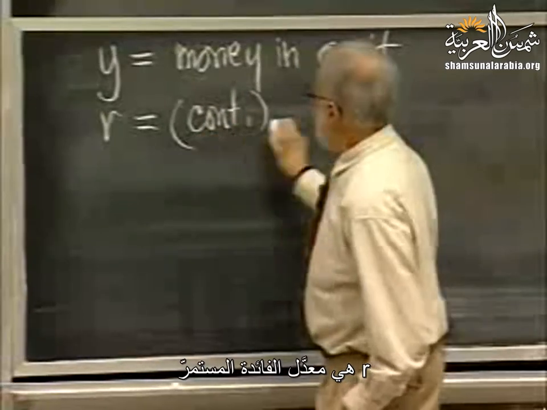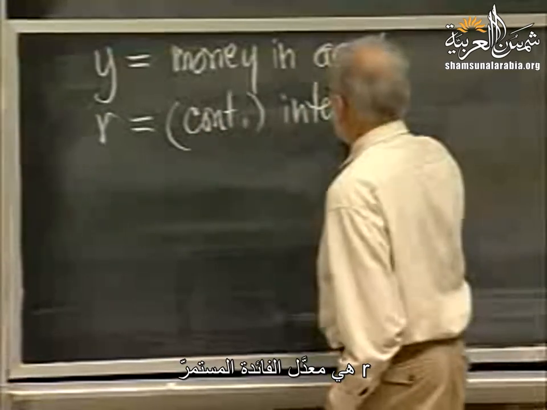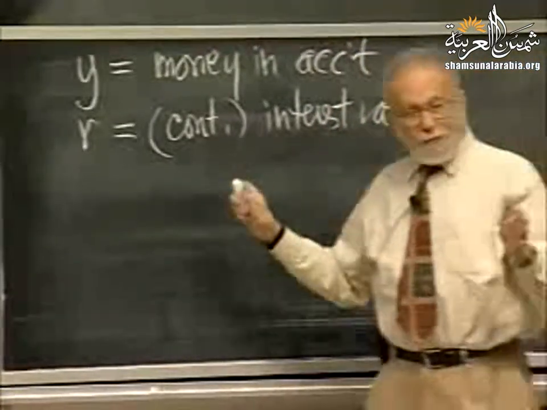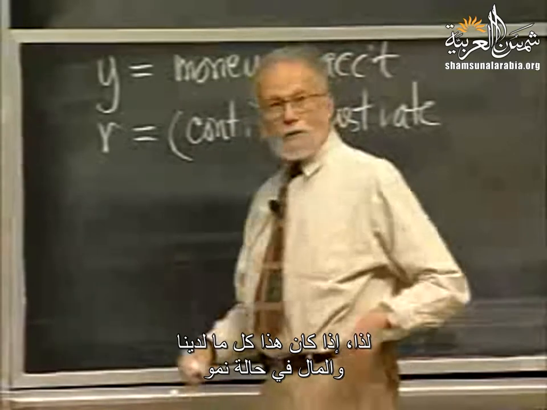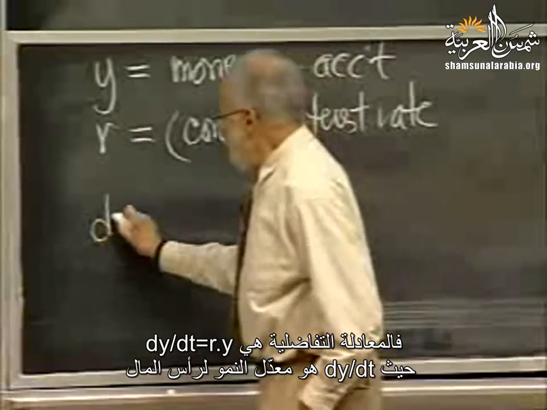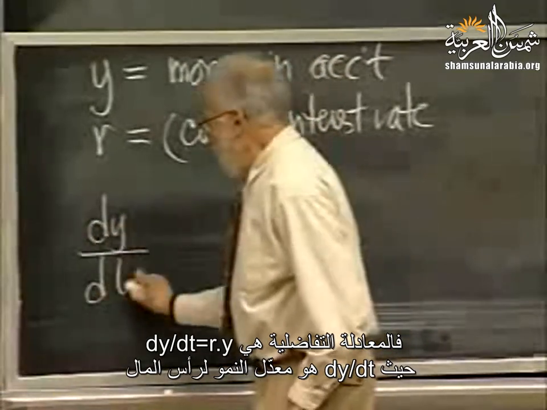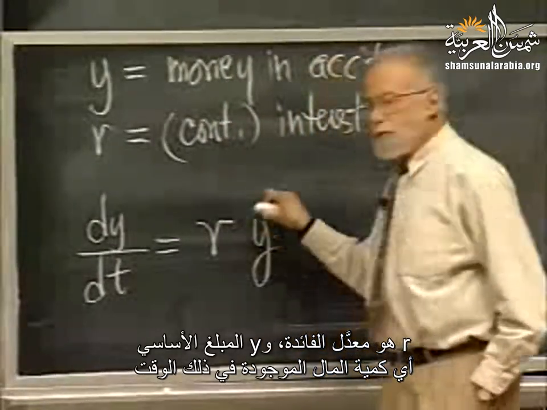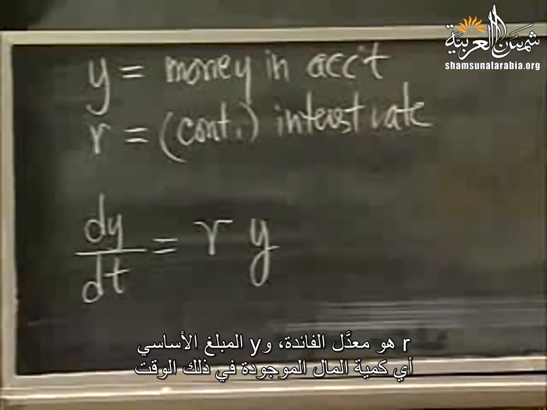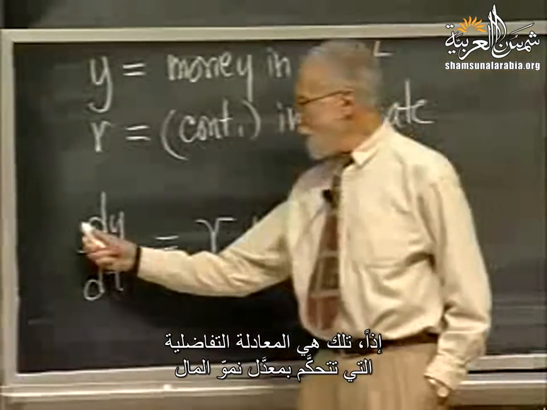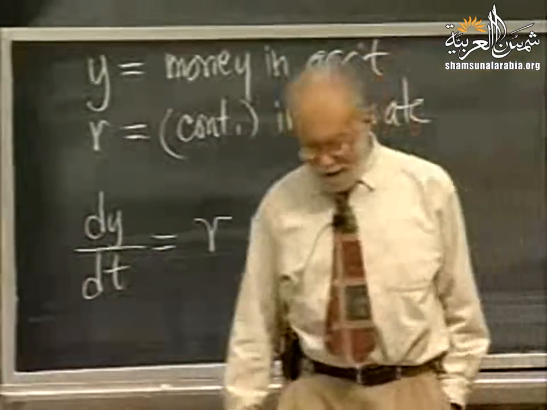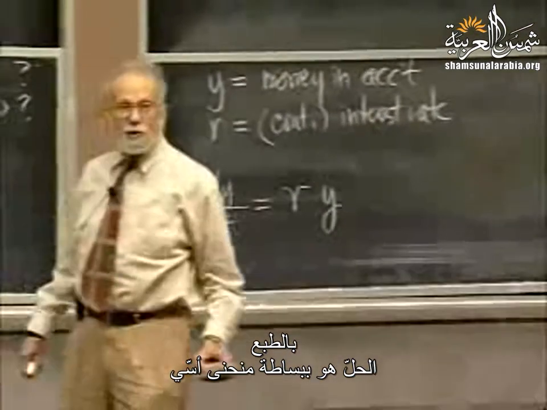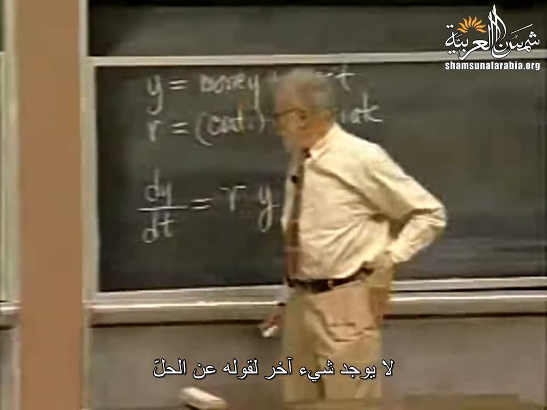So if that's all there is, and money is growing at that rate, the differential equation says that the rate at which it grows is equal to R, the interest rate, times the principal, the amount that's in the bank at that time. So that's the differential equation that governs that. Now, of course, the solution is simply an exponential curve, and there's nothing more to say about it.